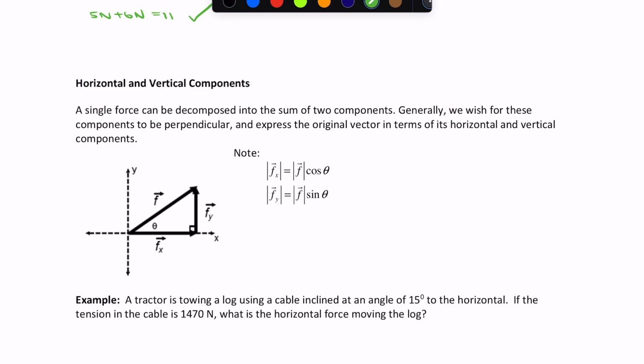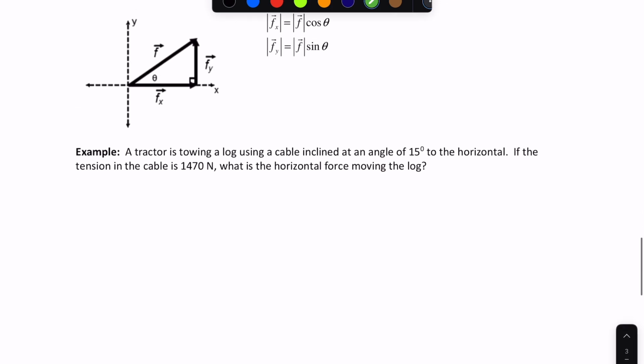So here, if we look at our diagram, the magnitude of the vector Fx is equal to the magnitude of the resultant vector F cos theta. The magnitude of vector Fy is equal to the magnitude of the resultant vector F sine theta.